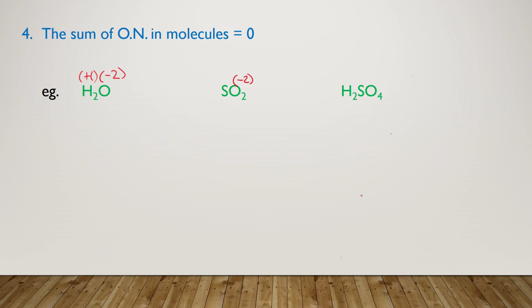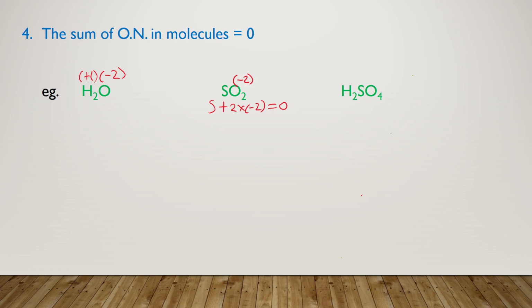The way we calculate the oxidation number for a molecule that is neutral, so no charge, is that the sum of the oxidation numbers in a molecule has to equal 0. So if the oxygens have a -2 oxidation number per oxygen, then to counteract that, we can make an equation.